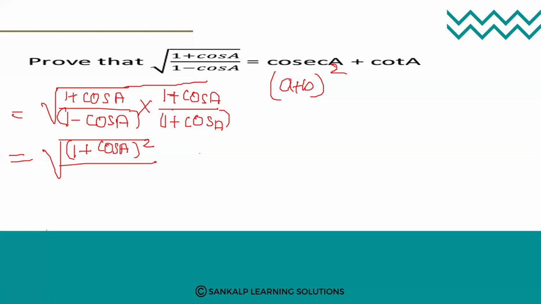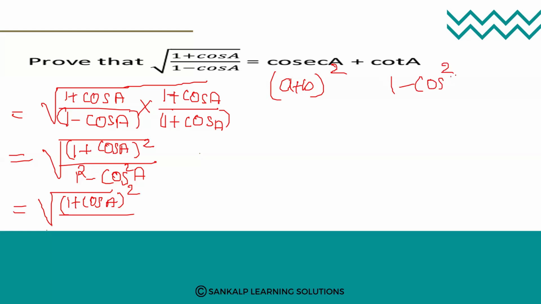A is 1, so A square is 1 square, and B is cos A, so B square is cos square A. So we get (1 plus cos A) whole square divided by 1 minus cos square A.